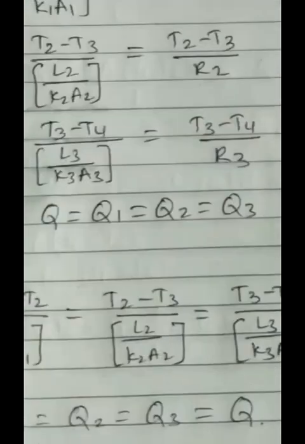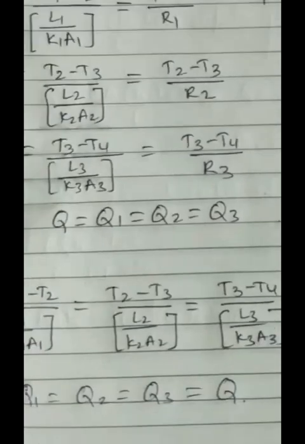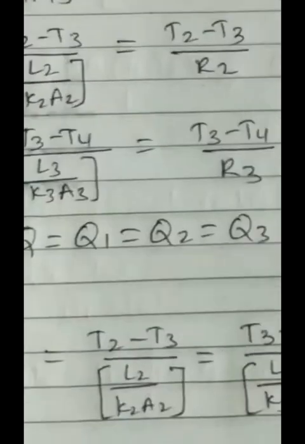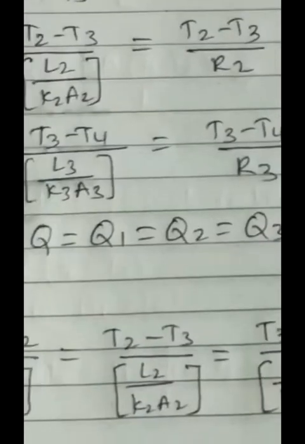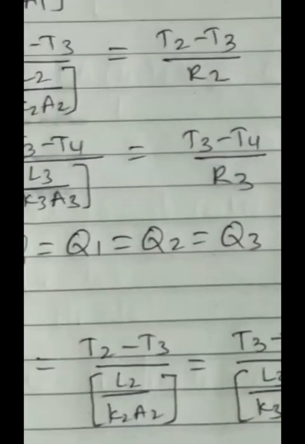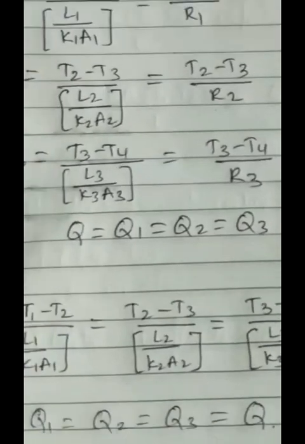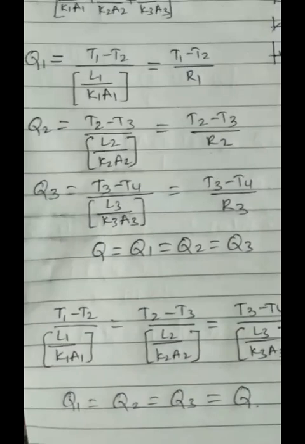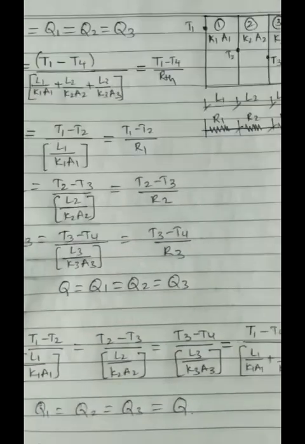Now, while solving the problem, you can make use of any two of these Qs. Either you can equate Q is equal to Q2, or Q is equal to Q1, or Q2 is equal to Q3. You can take any two Q values, equate them and find out the unknown. I have written the same here, as you can see.